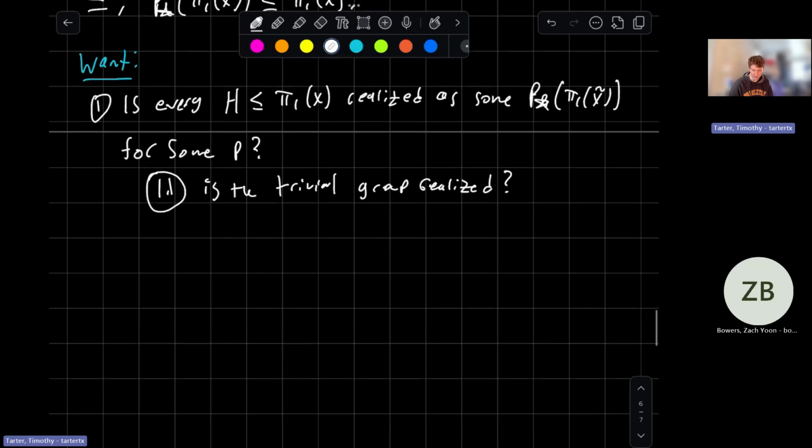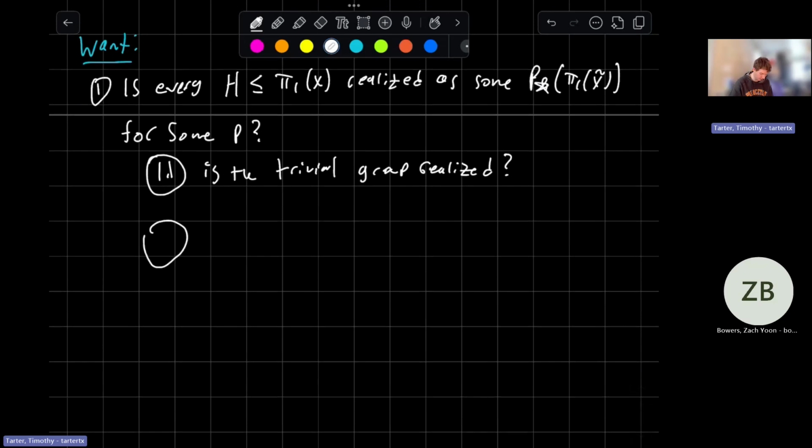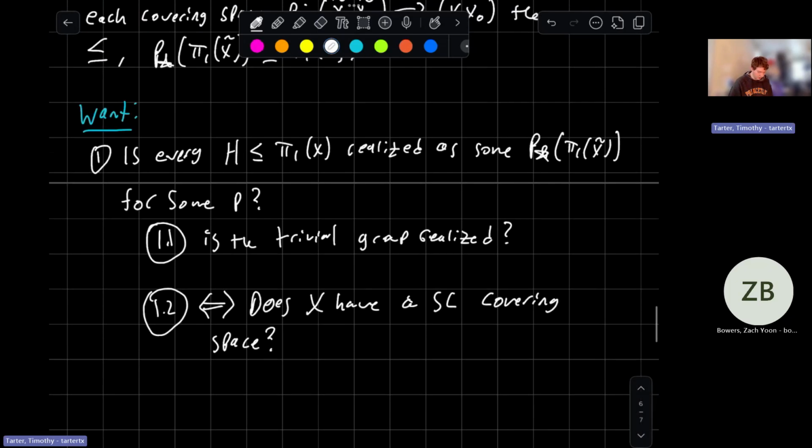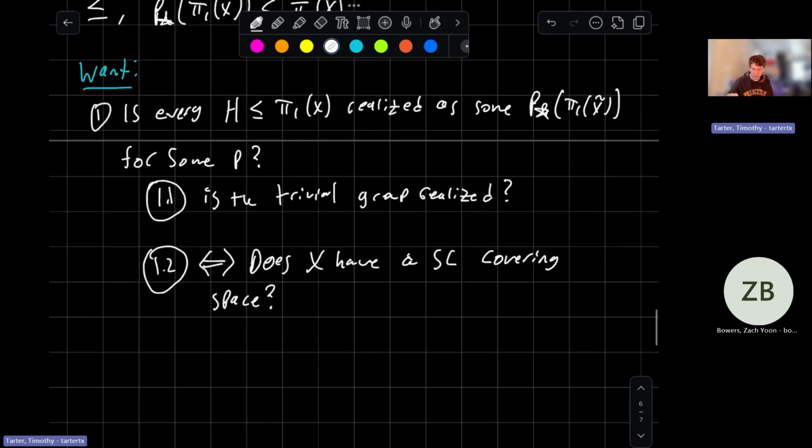This amounts to asking: does X have a simply connected covering space?